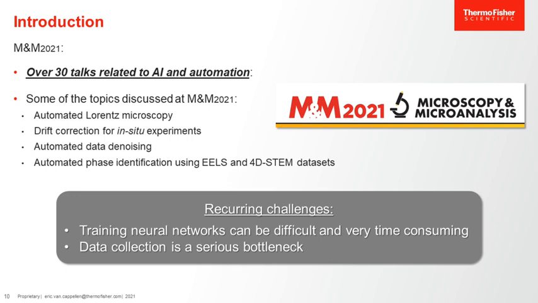But in general, what I found was that the recurring challenges were training the neural networks and collecting the data. Now, I believe that we made significant progress in both of these areas, and that's what I'll try to demonstrate with the real-world examples that I'll be showing later on.